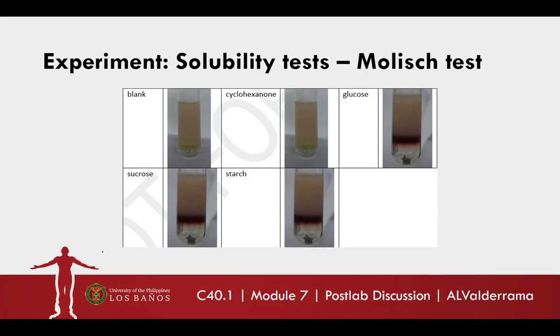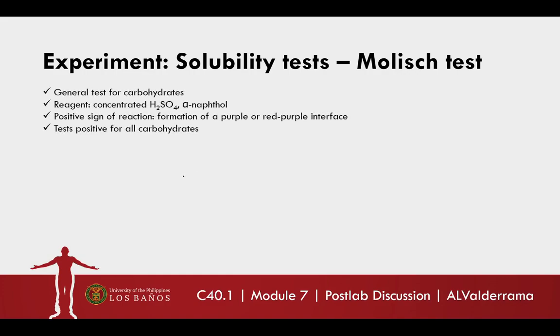So, for the test of carbohydrates naman, we have our Molisch test. So, ang positive test natin ay yung sa mga carbohydrates natin. Kita natin yan. So, kapag carbohydrate yan, magpa-positive yan sa Molisch test. And the positive result is evident by the formation of purple or red-purple interface.